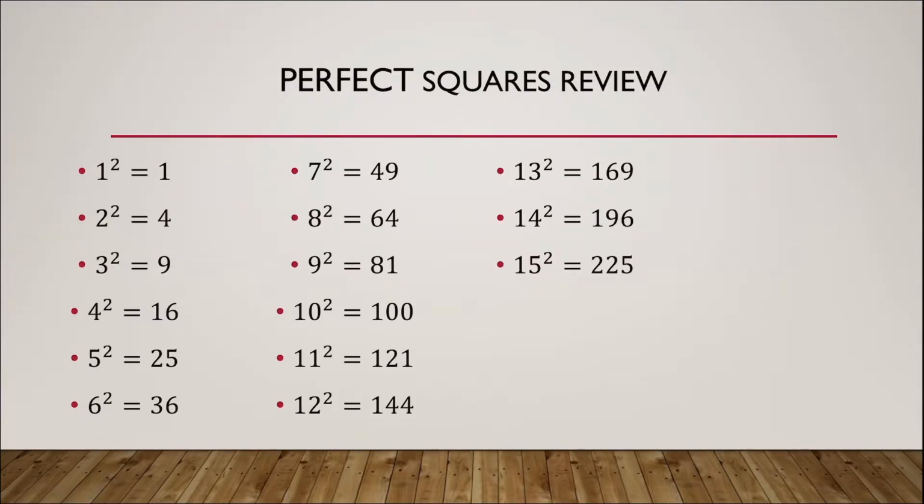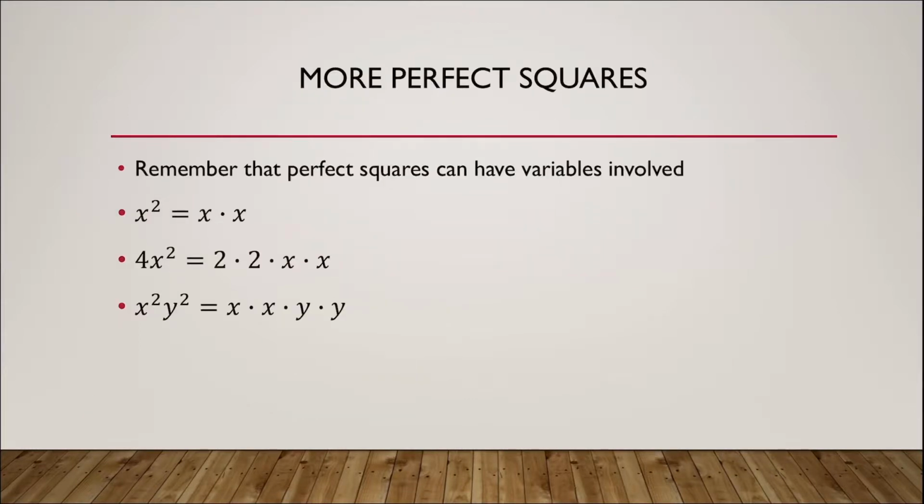Here's a list of perfect squares. If you want to take a minute to go through these, make sure that you have an understanding of them. They can help in different quizzes. Also remember that we can have variables be perfect squares. So x squared is equal to x times x. If I take the square root of x squared, that's equal to x.